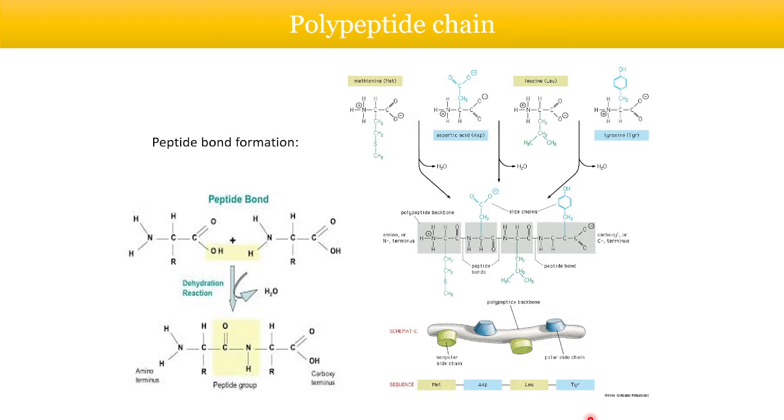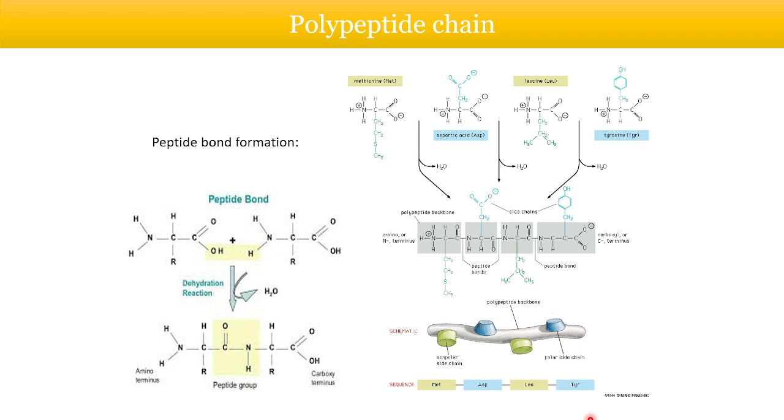Now, getting back to where we started, the amino acids, here we have to consider the polypeptide chain or peptide bond formation. So how is a peptide bond formed? The amino acids have the amino group as well as the carboxyl group.